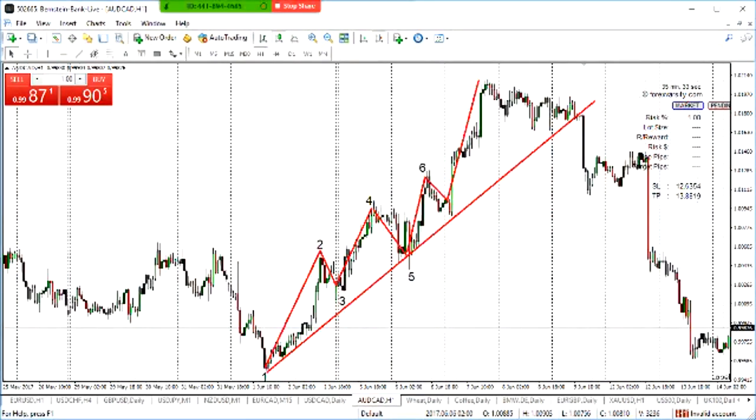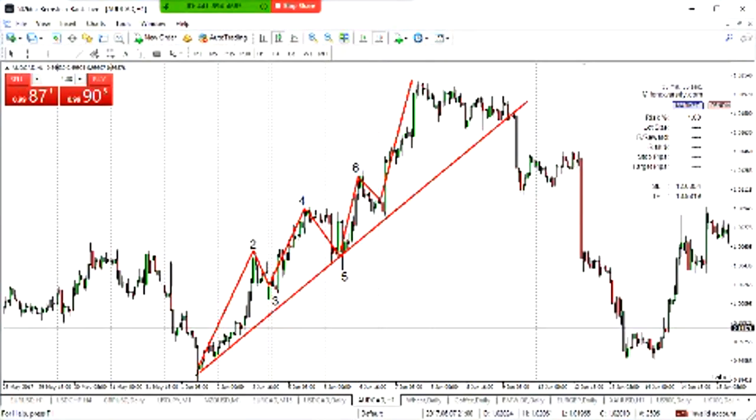Now let's just focus on an uptrend. Trading an uptrend, you always buy at your lowest point and close at your highest point.